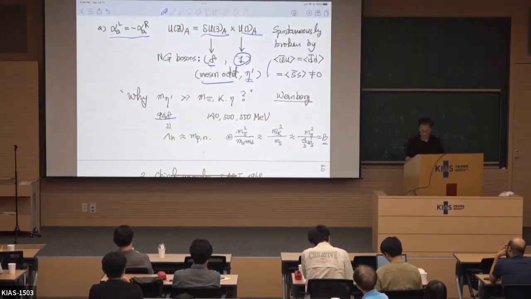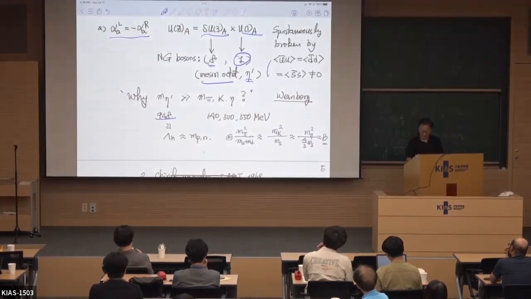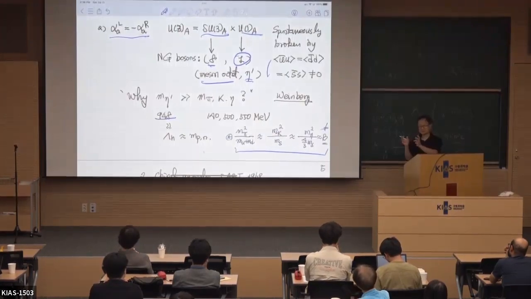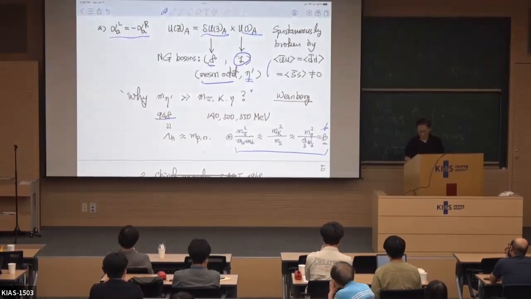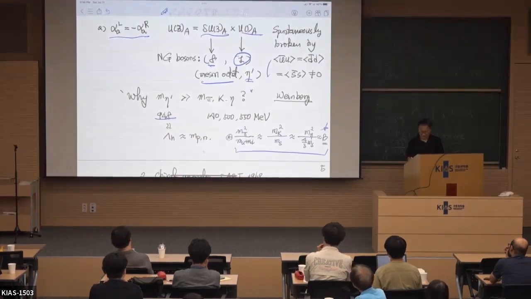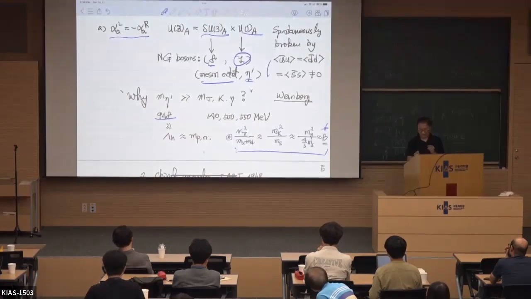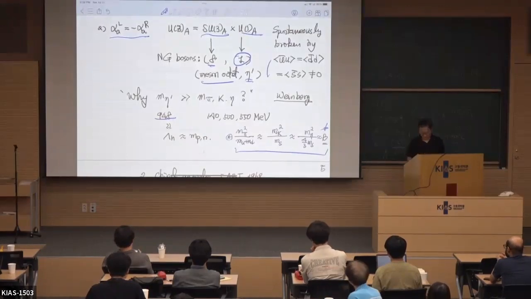From chiral perturbation theory, we can explain the masses of pion, kaon, and eta in terms of these kinds of relations. I will show a more explicit expression for this. Taking some chiral perturbation constant b, the mass is determined by b: for the pion, it is b times (m_u plus m_d), for the kaon, m_s times b, and the eta is also m_s times b, roughly speaking.